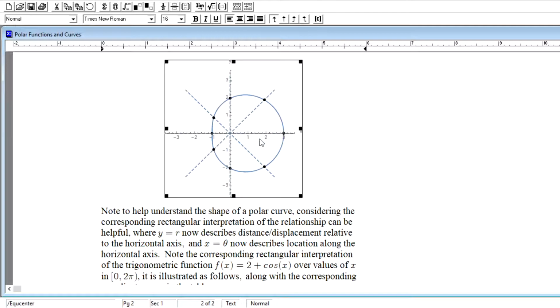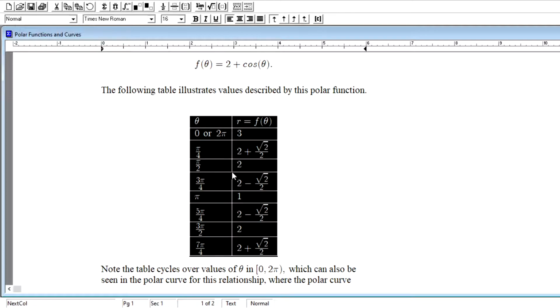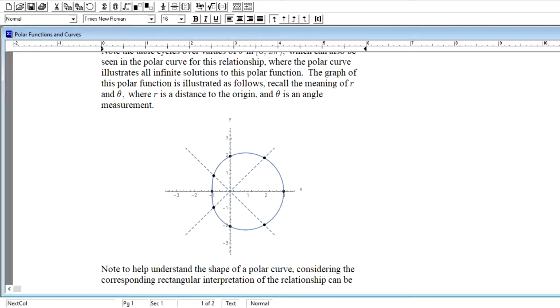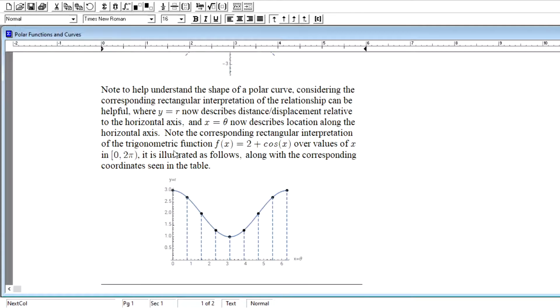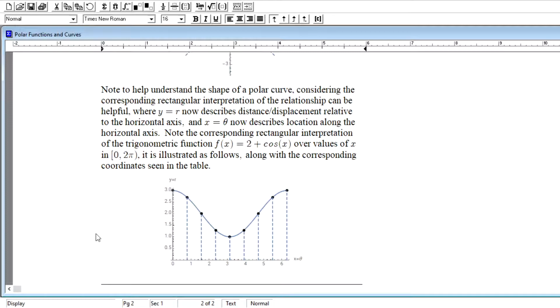What might help us to understand the shape of this curve, even though we only looked at a few finite locations here in the table, is how we can fill in the gaps between these angle measurements of theta by considering what the graph might look like down here for the corresponding rectangular relationship.